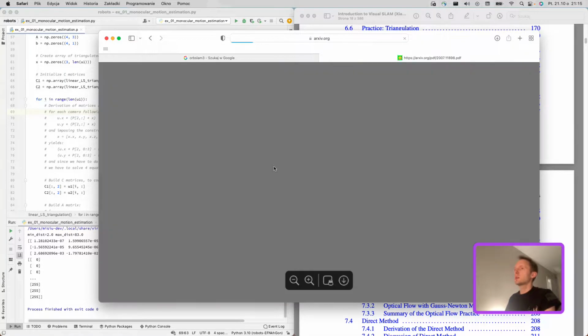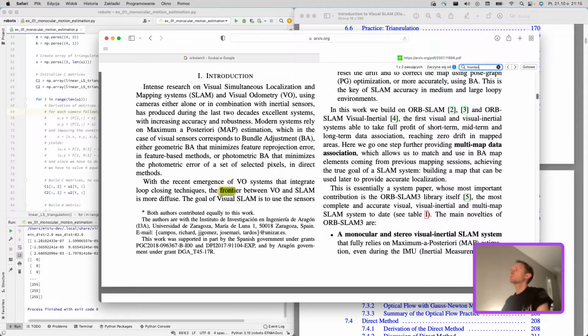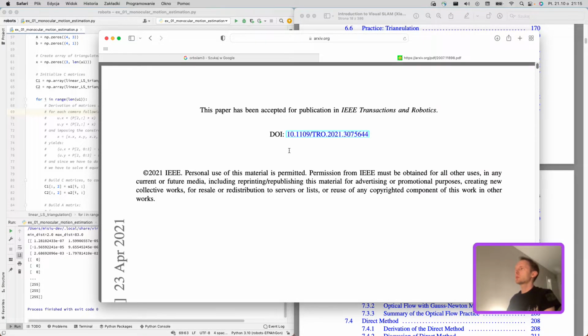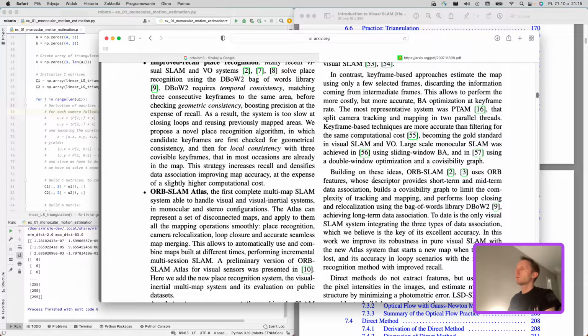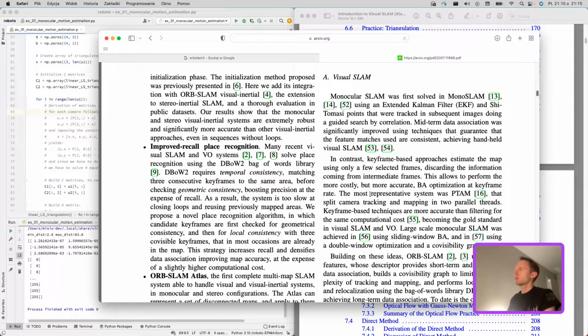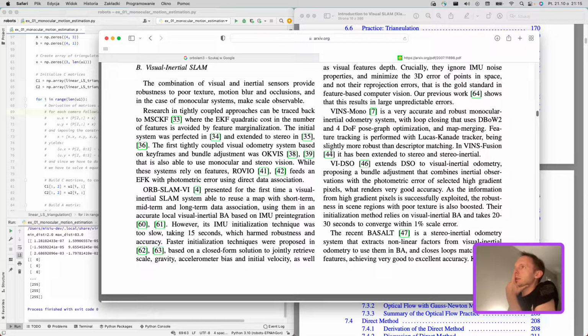Show me the paper. Front end. Okay, ORB.